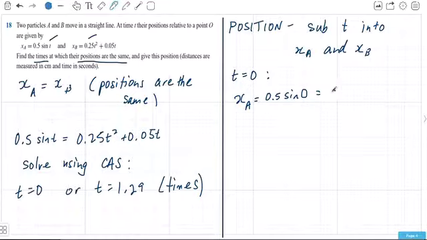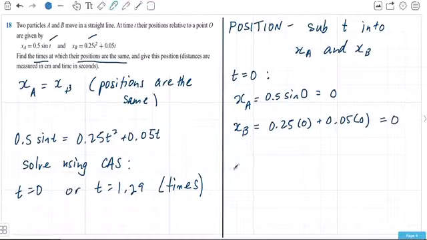The sine of 0 is 0, so that would be 0. And xb would be 0.25 t squared, which is going to be 0, and 0.05 t, well, that t will be 0 as well. That just leaves you with 0. So the first position, the distance, is going to be 0. That's the distance from the origin, because this is its position relative to a point O.